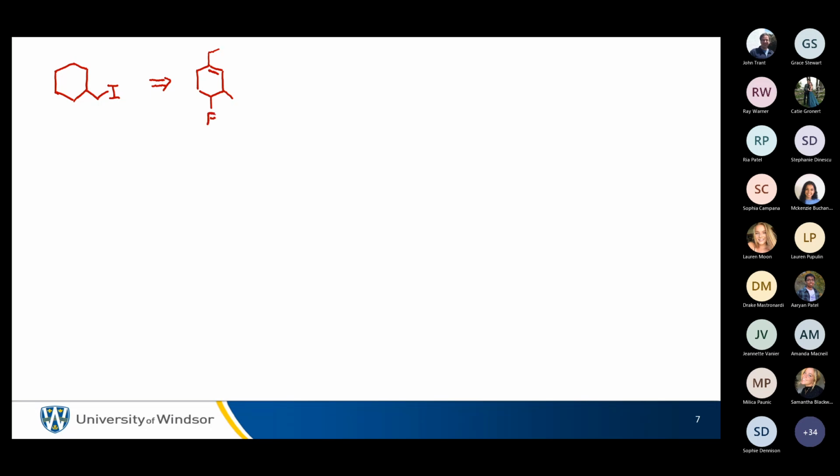There, that's very doable now. I want you to make, well, no, I guess we need the fluorine carbon. This is a retrosynthesis arrow.